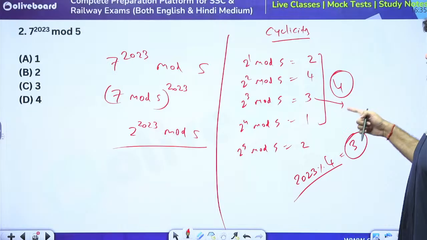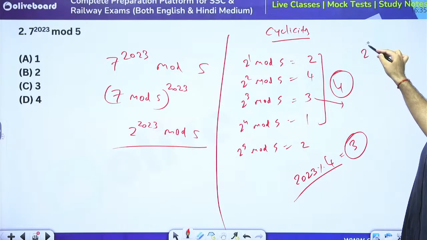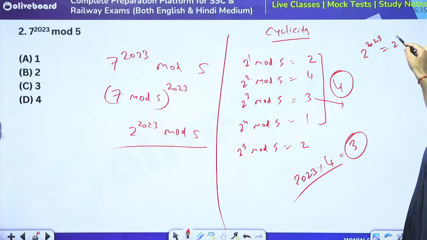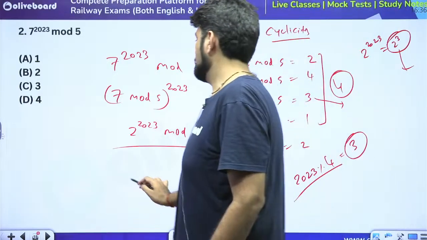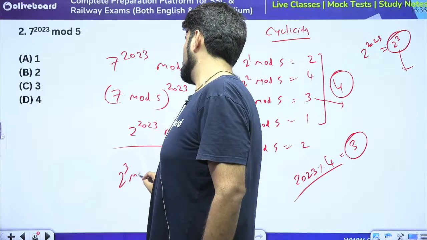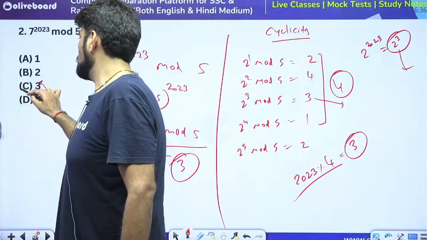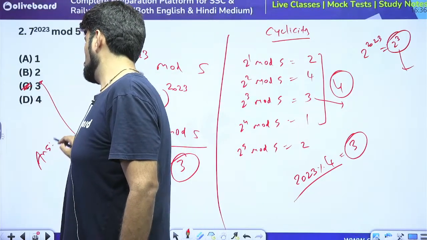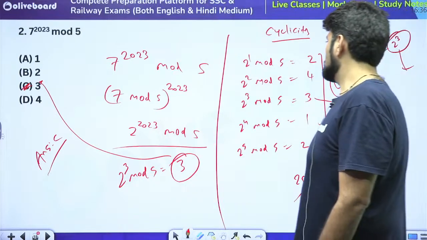So 2 power 2023 by cyclicity is nothing but 2 cube because of this 3. And now if you take the remainder of 2 cube with mod 5, what do you get? You will get 3. But even if you don't do it like this, you will still get the answer 3 only. From here only you could have gotten this. Okay.